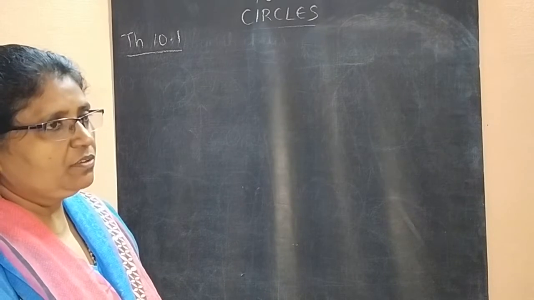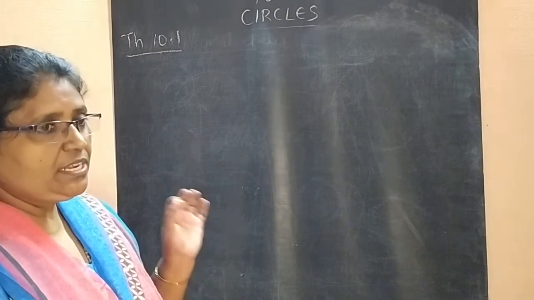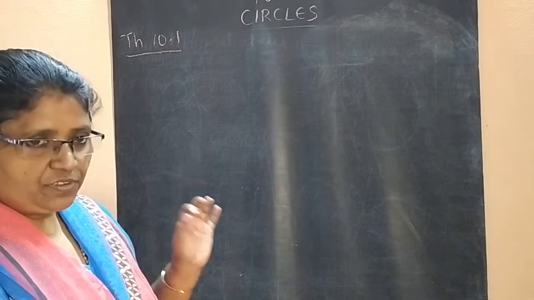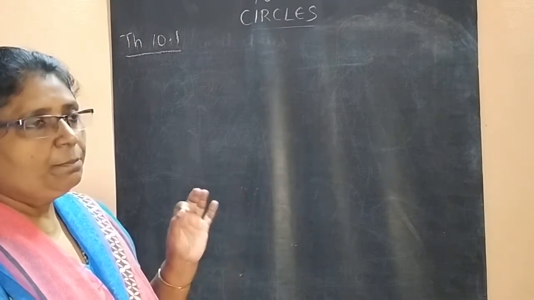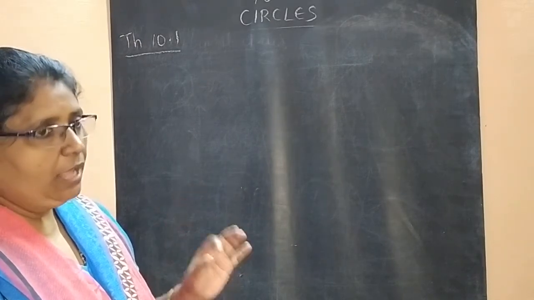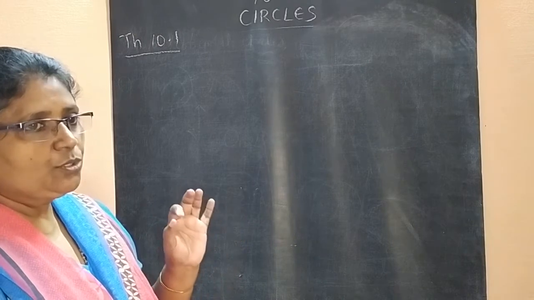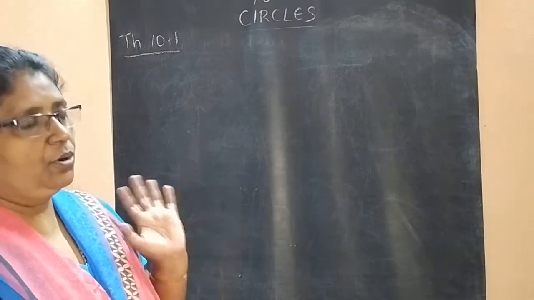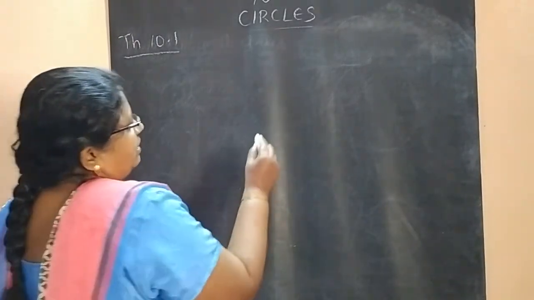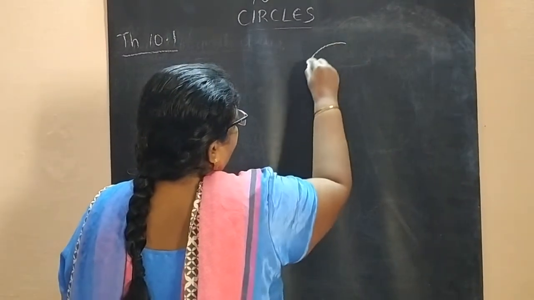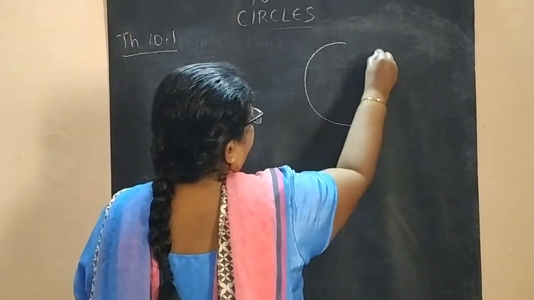What is the statement of the theorem? The tangent at any point of a circle is perpendicular to the radius through the point of contact. So, the figure will be like this. What is given? A circle is given.